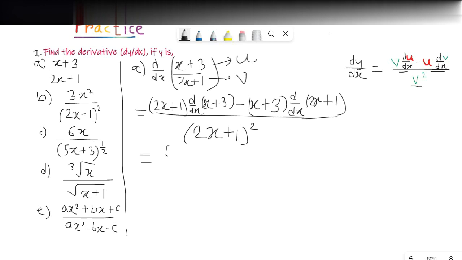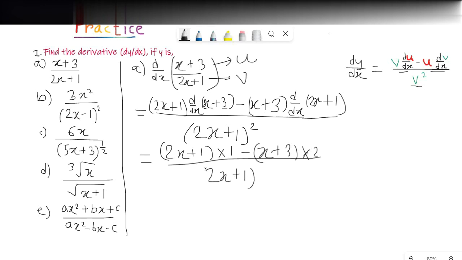So simplifying we get 2x plus 1 multiplied with the derivative of x plus 3, which is 1. As mentioned earlier, the derivative of x is 1, and the derivative of any constant like 3 is 0. So we get 1 here, and subtract it with x plus 3, and then multiply with the derivative of 2x plus 1, which is 2, and then divided by 2x plus 1 whole square.